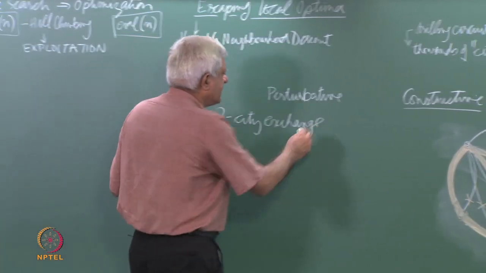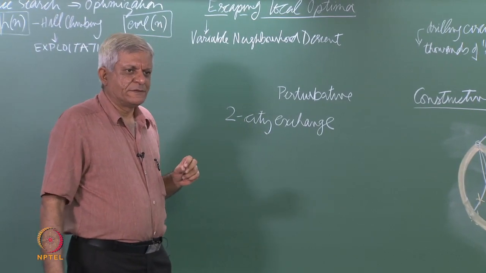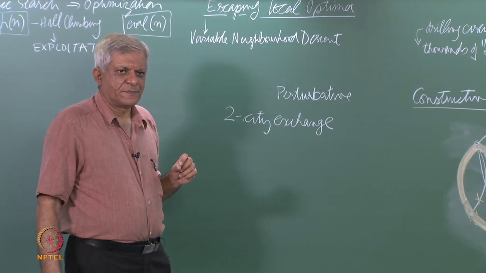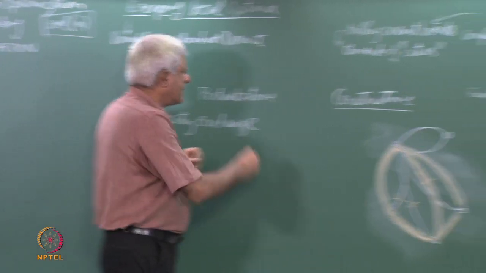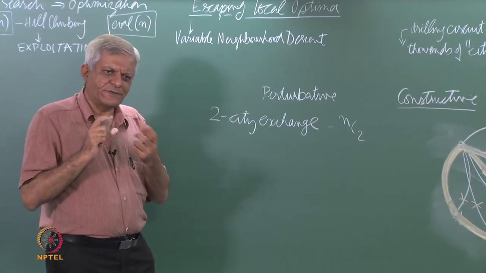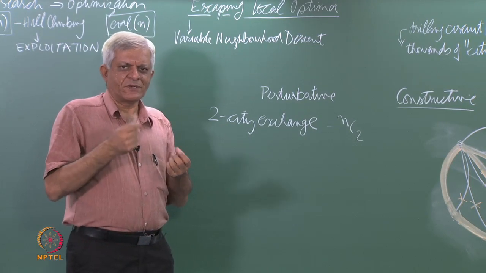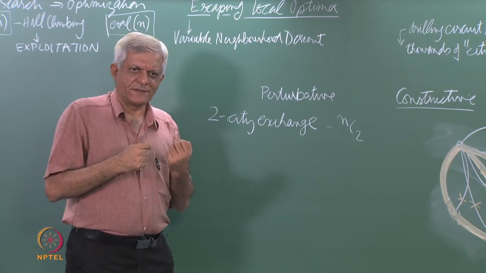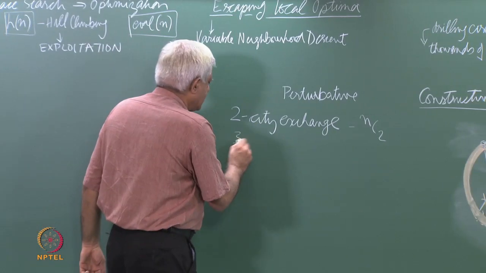So, how many neighbors will this have? I can pick two cities in NC2 ways, and for each way that I pick, there is only one neighbor I am going to generate, because I can only exchange their positions essentially. So, I will have NC2 neighbors essentially, or I can have 3 city exchange.